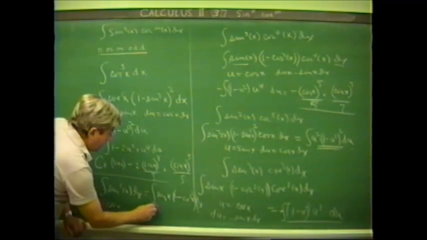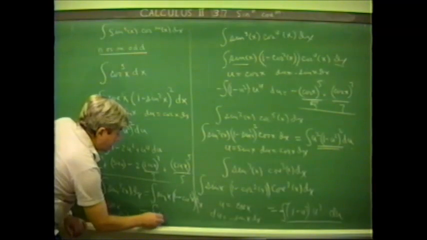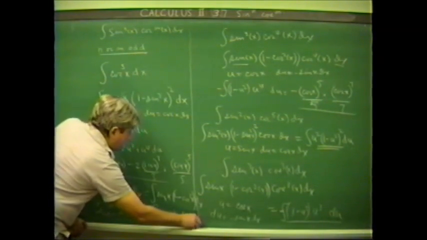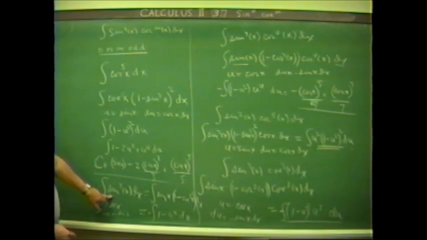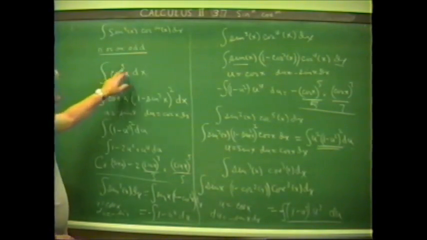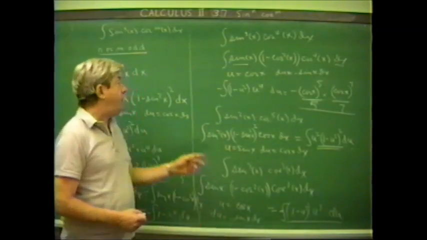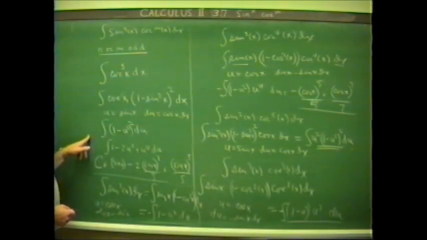And this becomes the antiderivative of minus 1 minus u squared du. So odd powers of sine or odd powers of cosine, or products of sine and cosines to powers where one of them is odd, can always be done by means of this technique here.